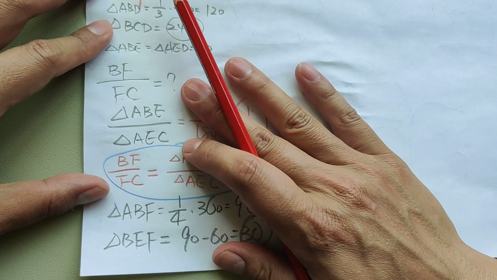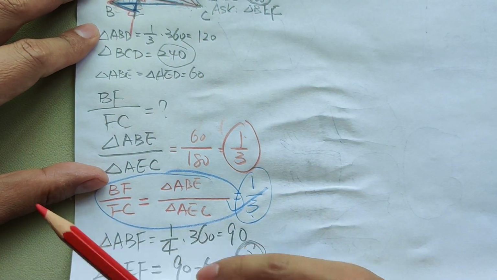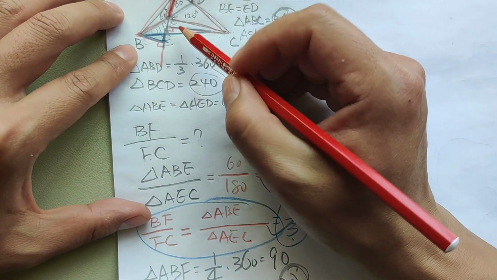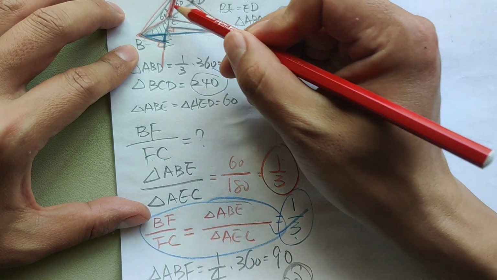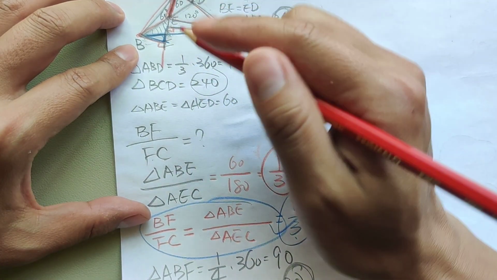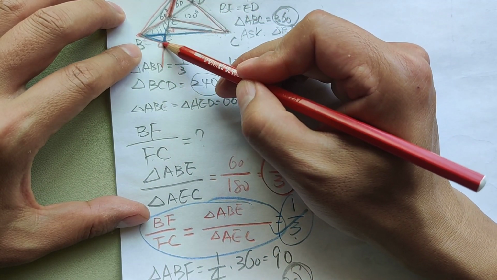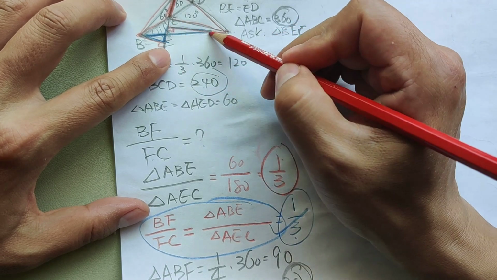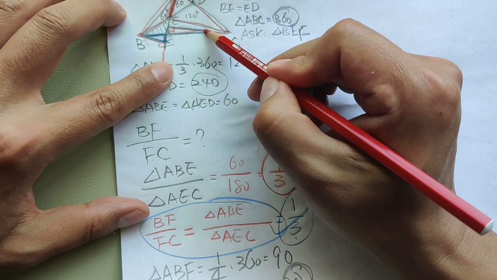What is the most critical piece or step in solving this problem? I think that is to realize that if you draw C against AE as a height, and also you draw B against AE for a height, the ratio of the heights represents the ratio of BF to FC.